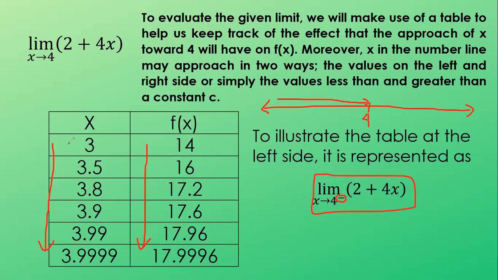So yung mga values na yan ay mas mababa kay 4 pero papalapit pa rin kay 4. Okay? So our limit of 2 plus 4x as x approaches 4 raised to negative or from the left is 18, no? Kung mapapansin natin, f of x gets closer and closer to the value of 18. So our answer for that is 18.